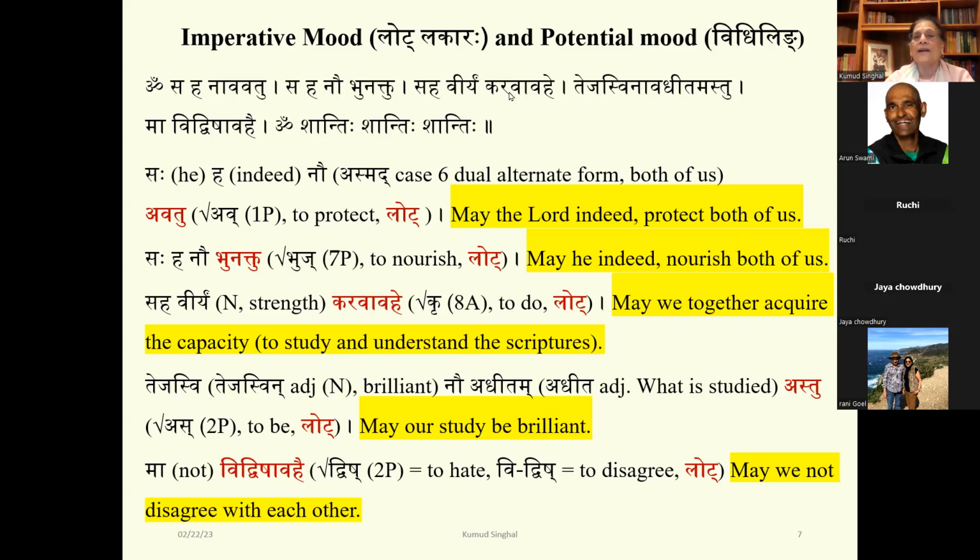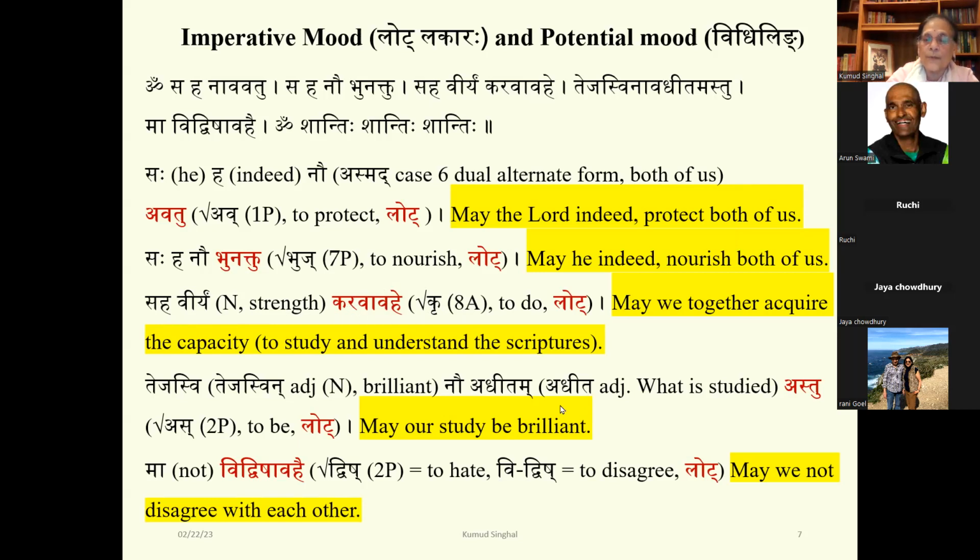Saha viryam karavavahai. So saha, together with viryam. The pratipadikam is virya. It is a neuter pratipadikam, which means strength. And karavavahai, it is the dhatu kra, it is the atmanepada. So this is the dual.